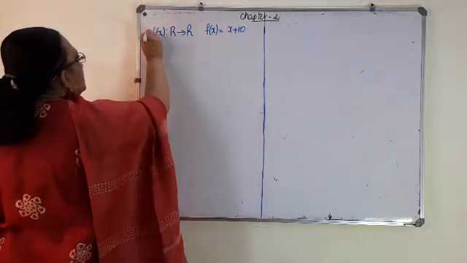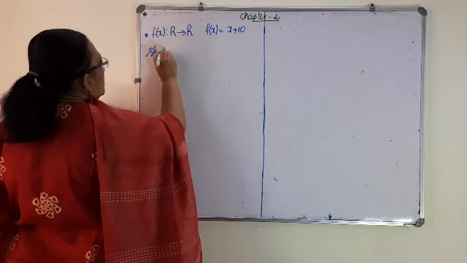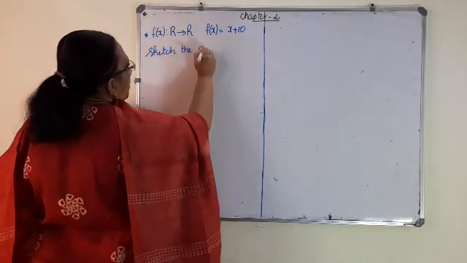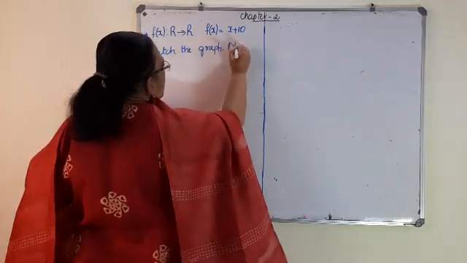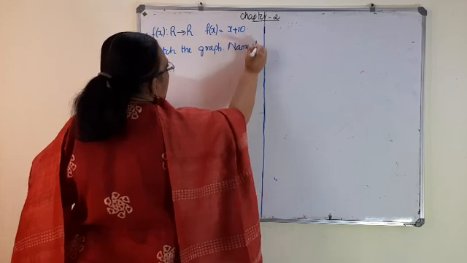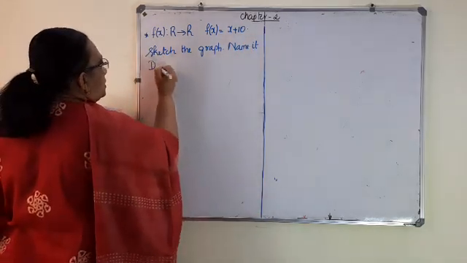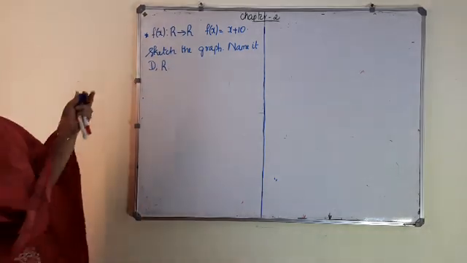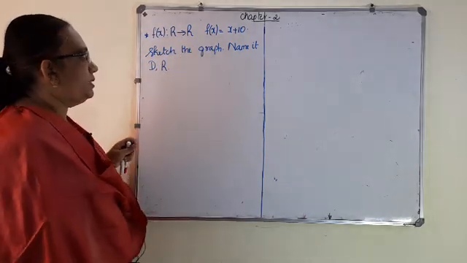The question is, sketch the graph. Name it. What is the domain and what is the range of the graph? You can see that the function is defined from R to R.